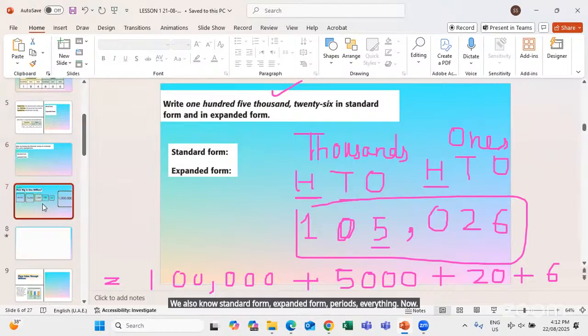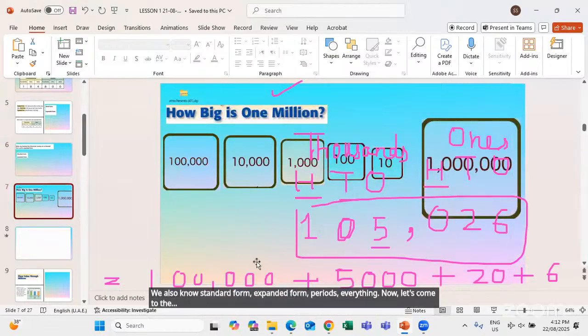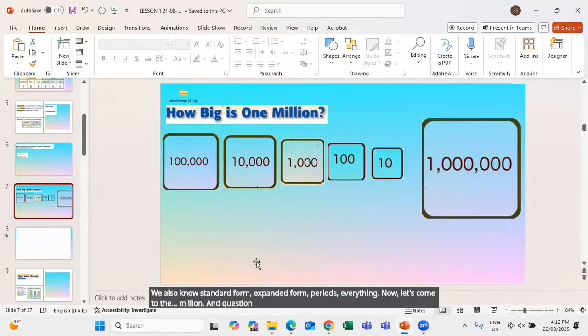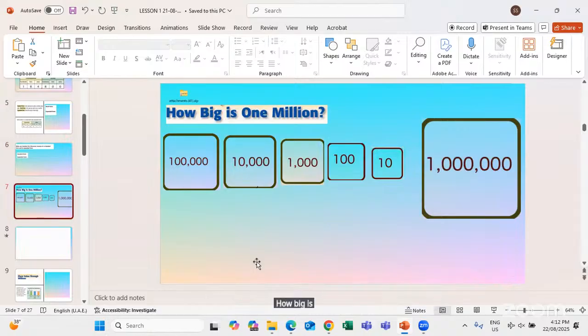Now let's come to the million. And the question is, how big is 1 million? We have tens, hundreds, 1,000, 10,000, 100,000, and then this is million. But how big is it as compared to these numbers?